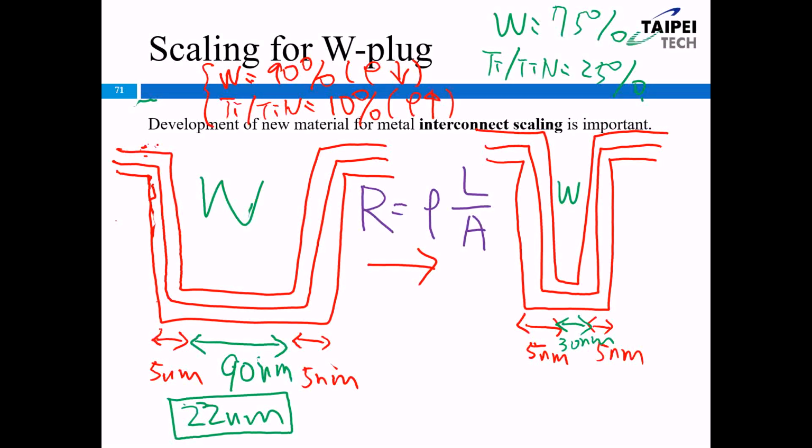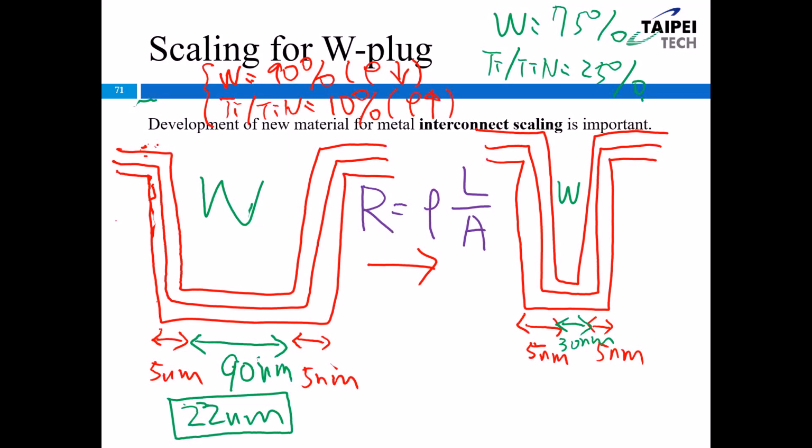So what happened when the technology node moves from 22 to 5 nanometer? You see the same material, but the structure is different, right? Like the 5 nanometer technology node chip, the tungsten is only occupying 75%. The tungsten has the smaller resistivity, but the percentage is smaller.